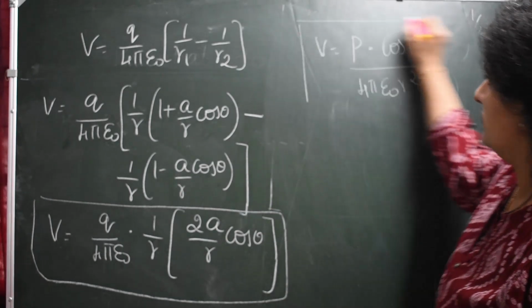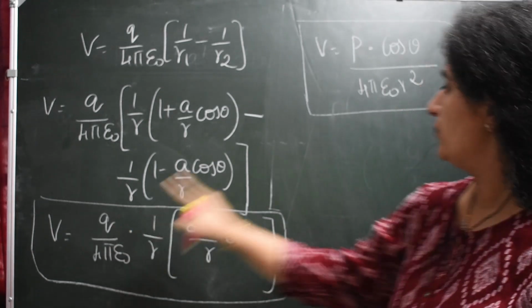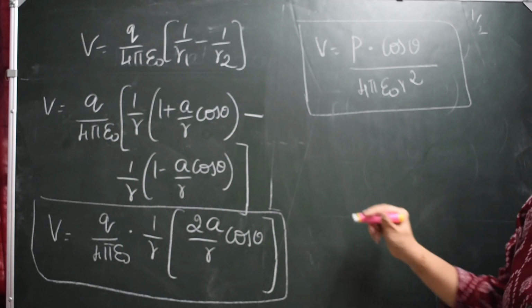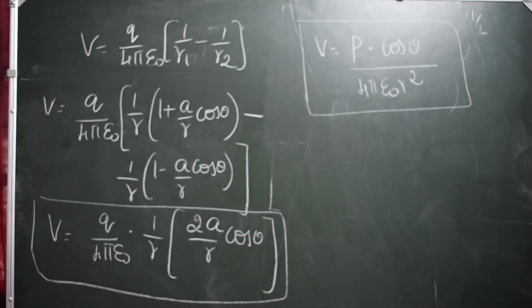So now 2aq as P cos theta divided by 4 pi epsilon naught into r square. See that the potential varies as inverse of r square.